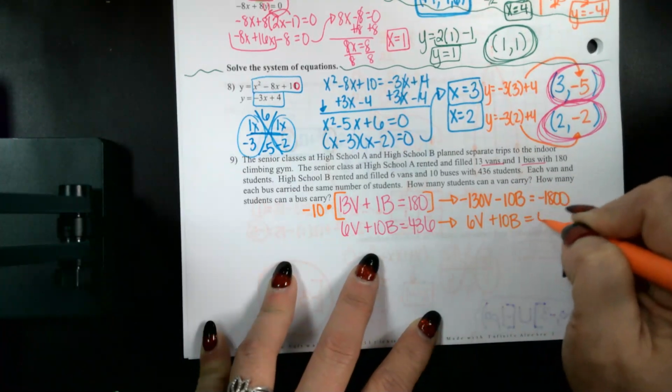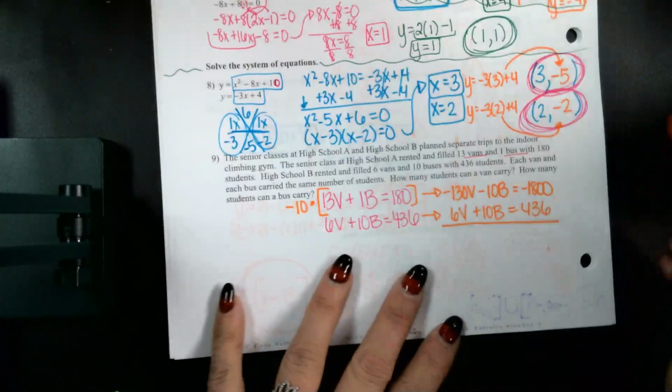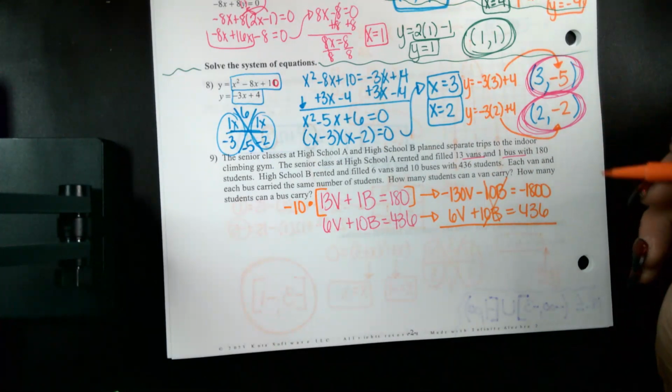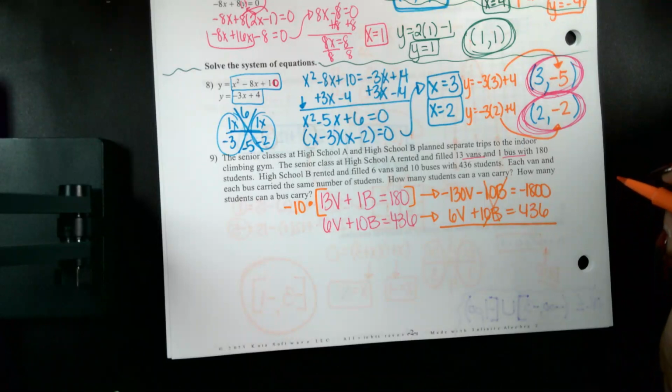Now you guys are going to have to do some calculations here with the calculator. Like -130 plus 6 and -1800 plus 436.